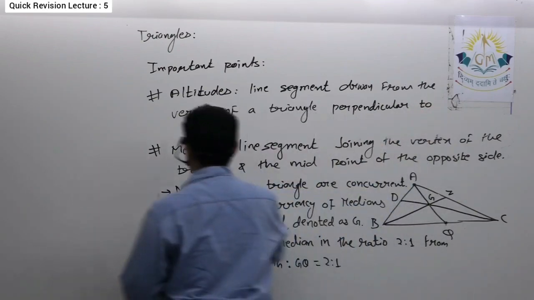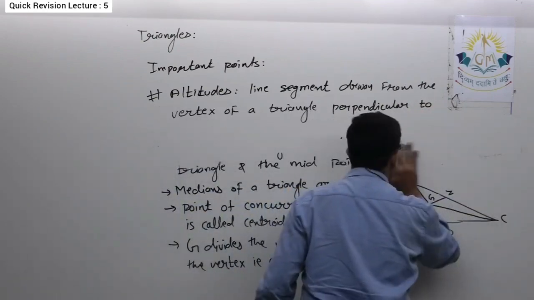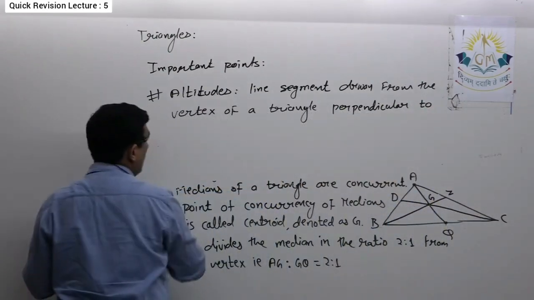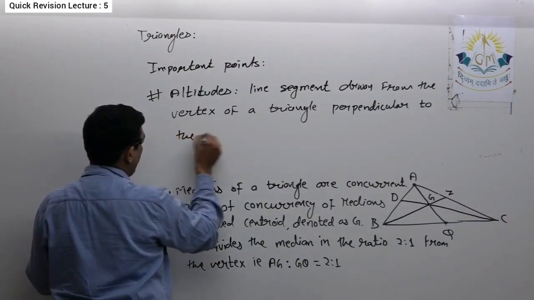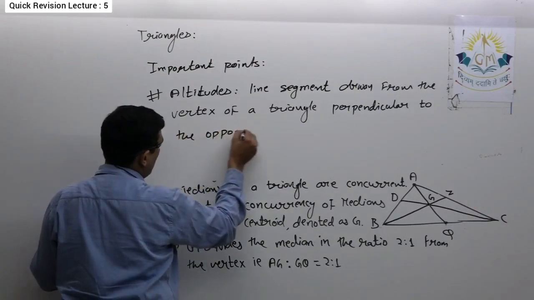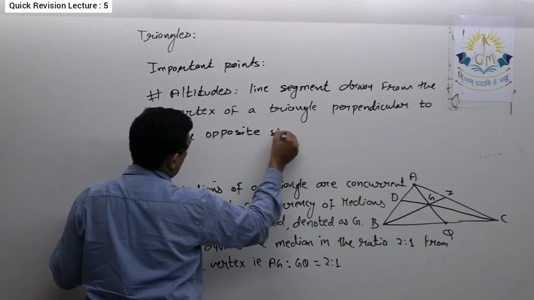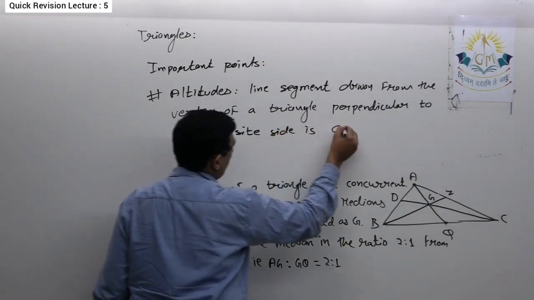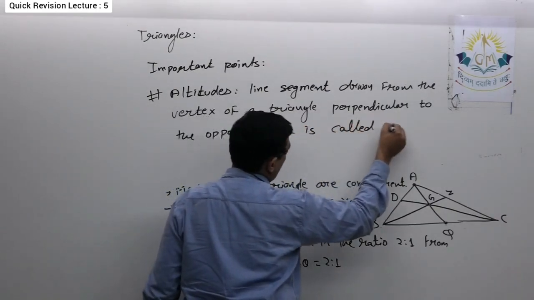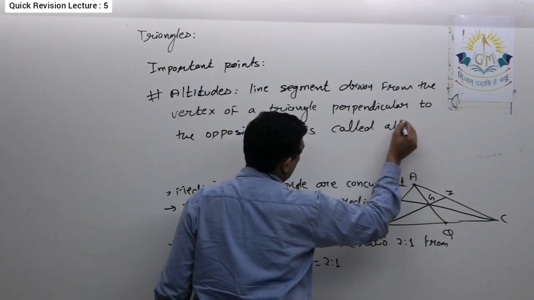A line segment drawn from the vertex of a triangle perpendicular to the opposite side is called altitude.